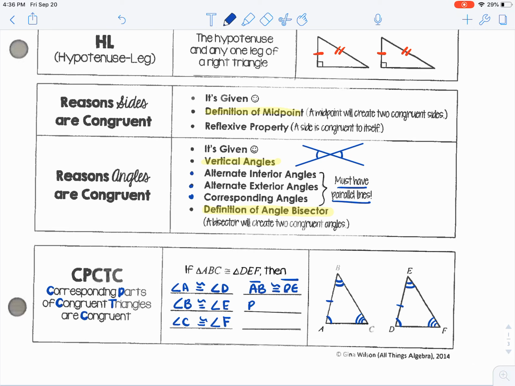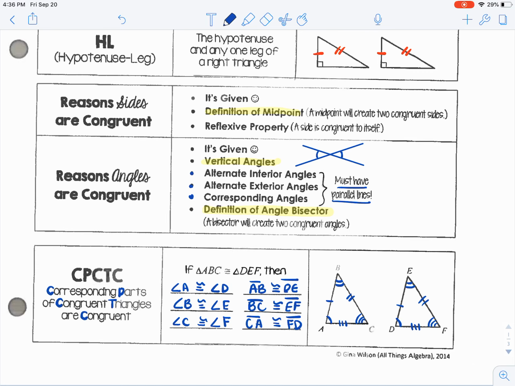And BC would be congruent to EF. And lastly, CA would be congruent to FD.